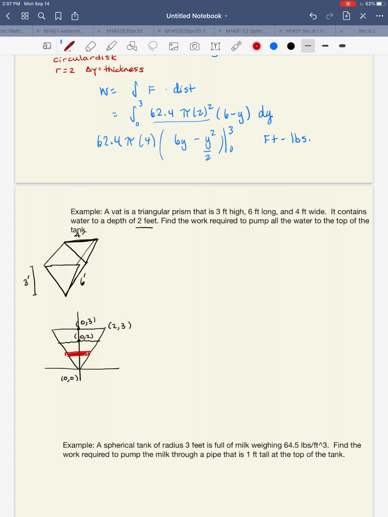Okay, now imagine pulling that slice out. You're pulling it out from the entire vat. So we're pulling this slice out here, and if I pull that out, you should see that a slice looks like a rectangular slab.